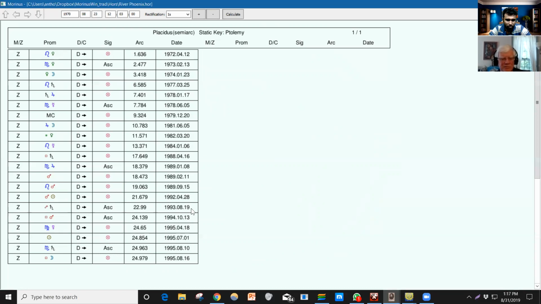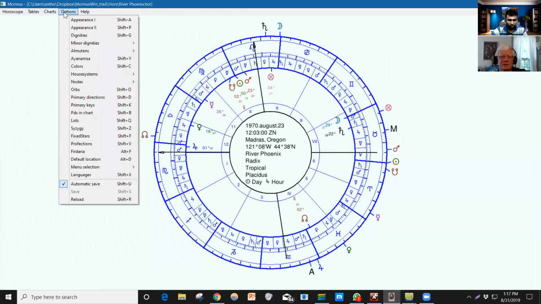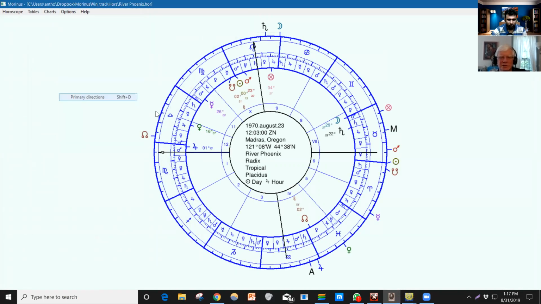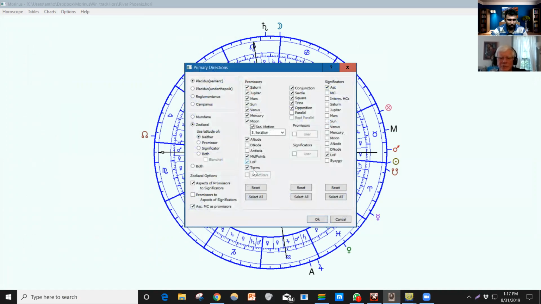So that might be out of range. No, the only major significant thing in the time of his death is this opposition from Saturn to the ascendant. Okay. But sometimes midpoints really light up things. So get rid of the midpoints. Okay.